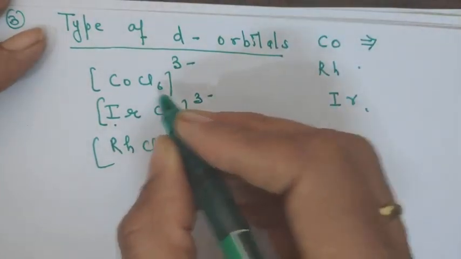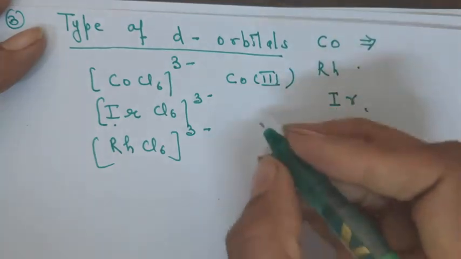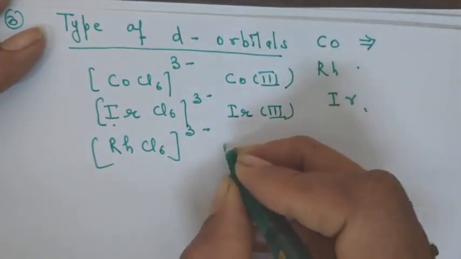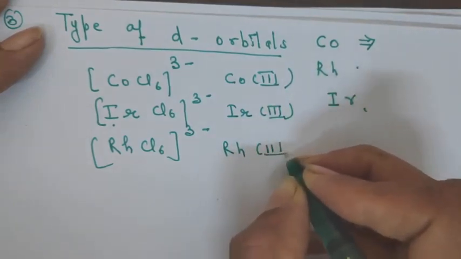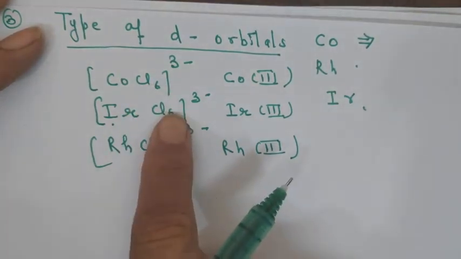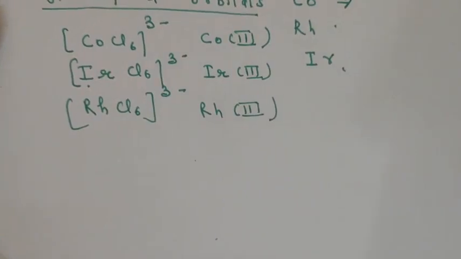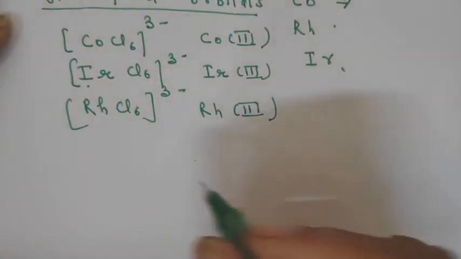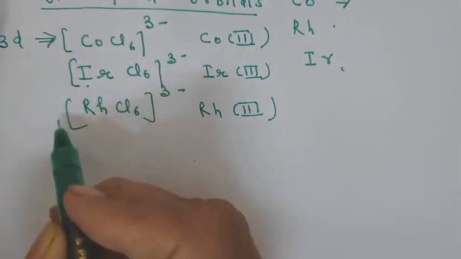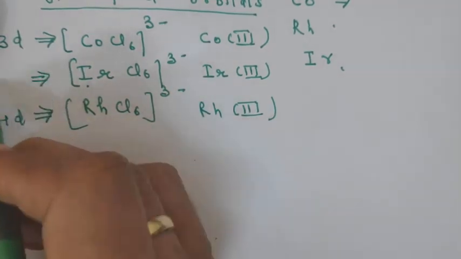See, cobalt is present in +3 oxidation state, iridium is also present in +3 oxidation state, and rhodium is also present in +3 oxidation state. So the oxidation state of the metal is similar. Nature of the ligand is also similar: Cl ligand is here, and Cl ligand is present here. So there is no change in the nature of the ligand. Cobalt belongs to the 3d series, rhodium belongs to the 4d series, and iridium belongs to the 5d series.